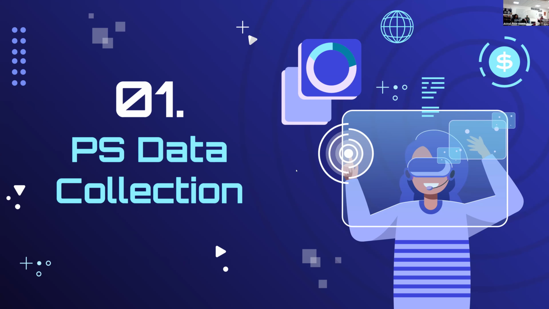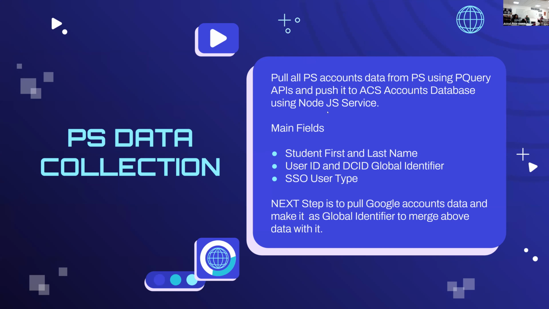Post school data collection. As we said, we learned that for using Power Query for unified account management, we need the student's first name, last name, user ID, and the DSC ID as a global identifier. After you export it, this will be empty.